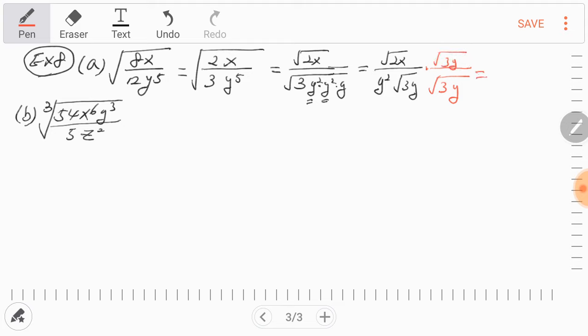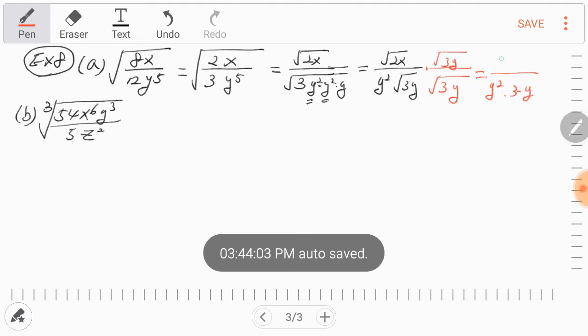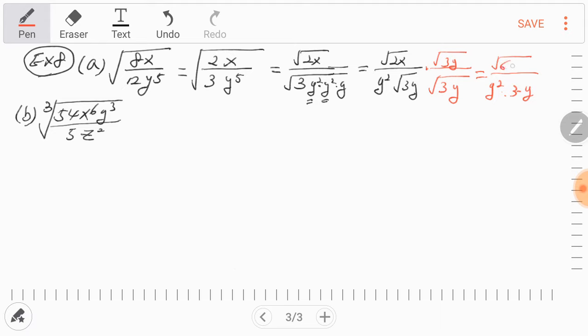Then finally, the bottom is y squared times 3y. And the numerator is what? Square root of 6xy. So this is equal to square root of 6xy over 3y cubed.